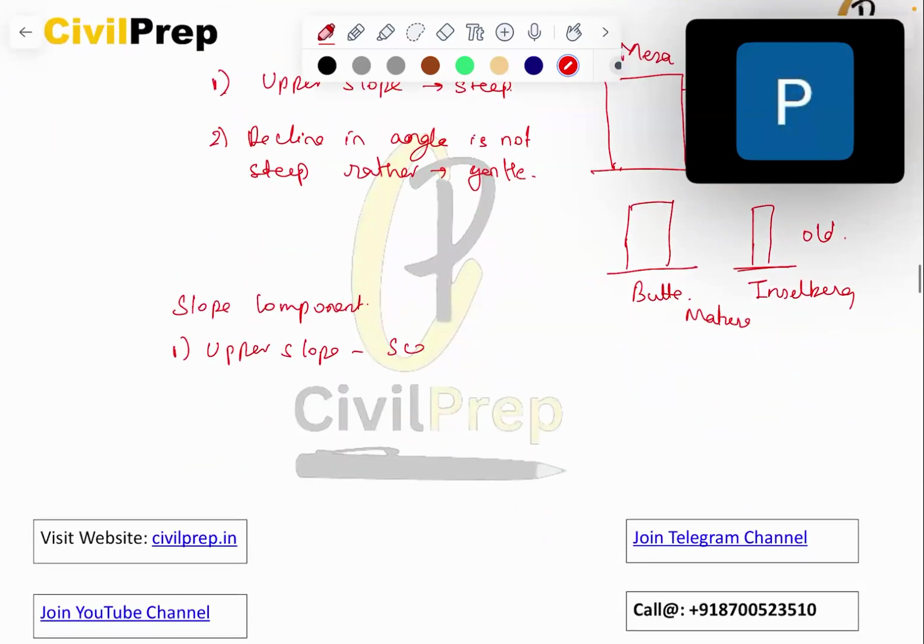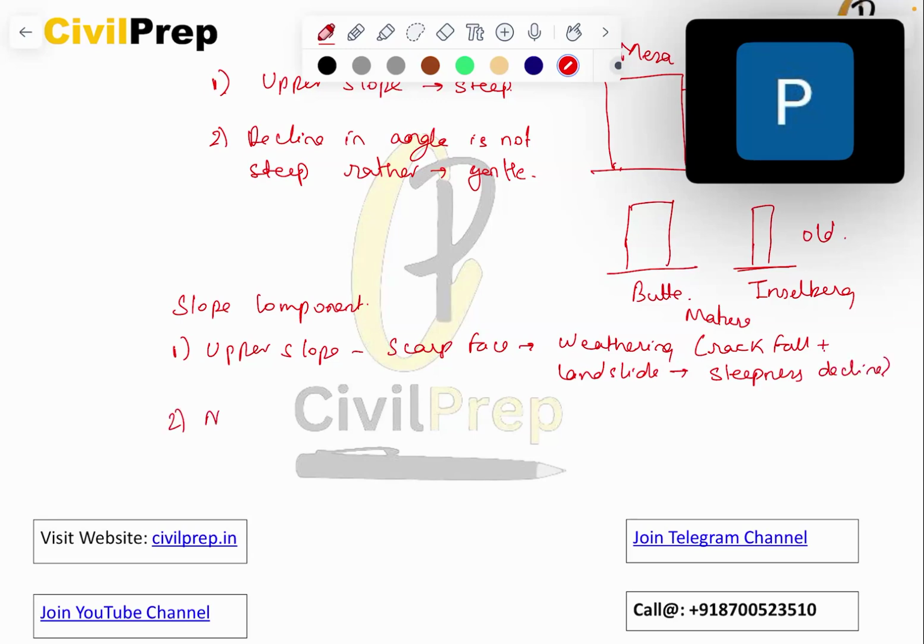That is the scarp face. It is formed because of weathering, that is rockfall plus landslide, which results in the steepness declining.